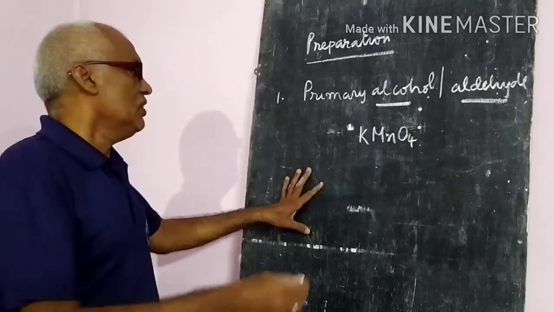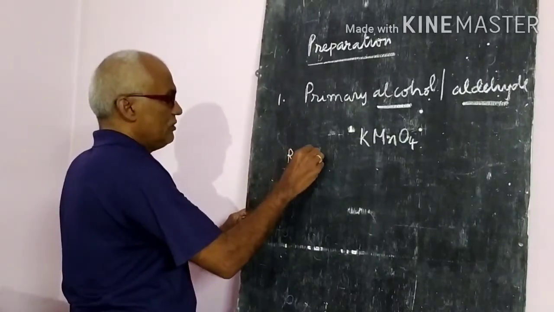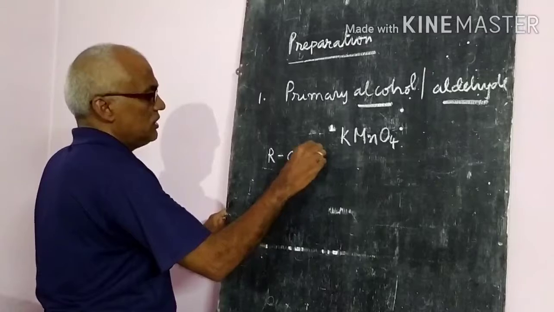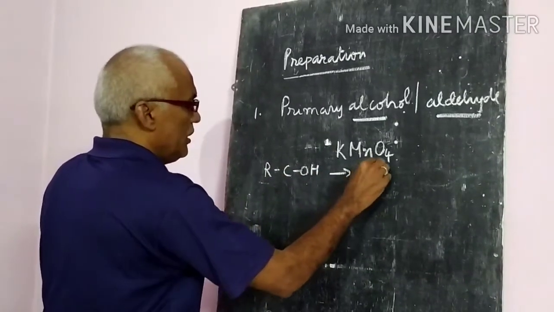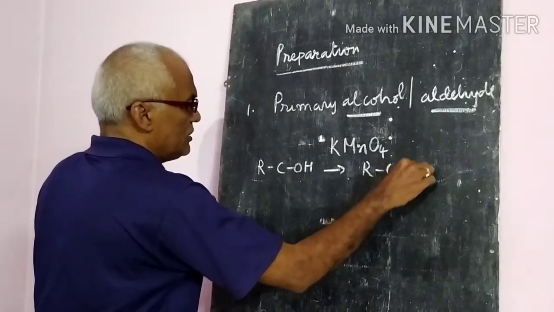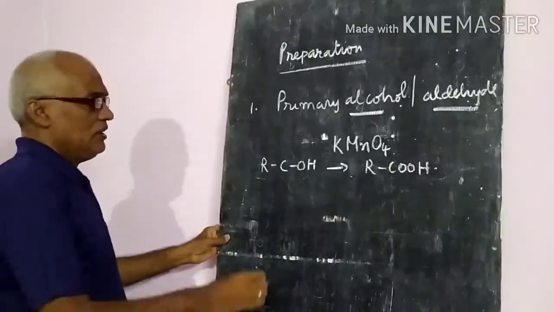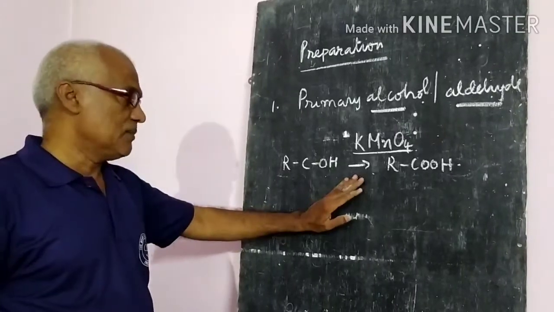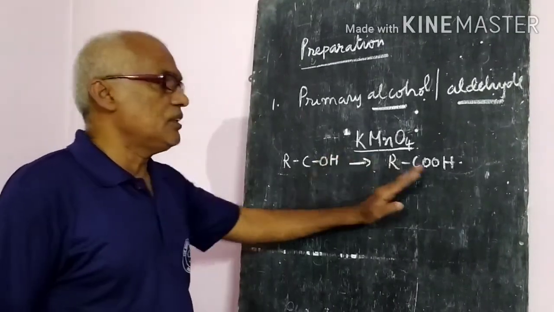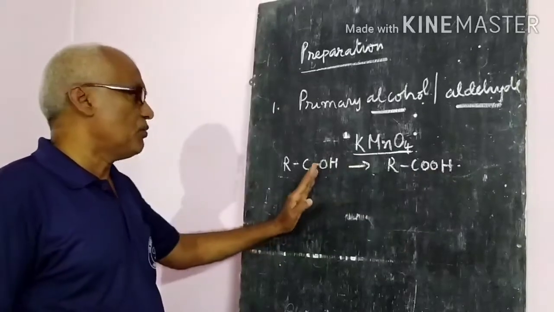Primary alcohols are converted into the corresponding acids, RCOOH, in the presence of oxidizing agents, with the same molecular formula.